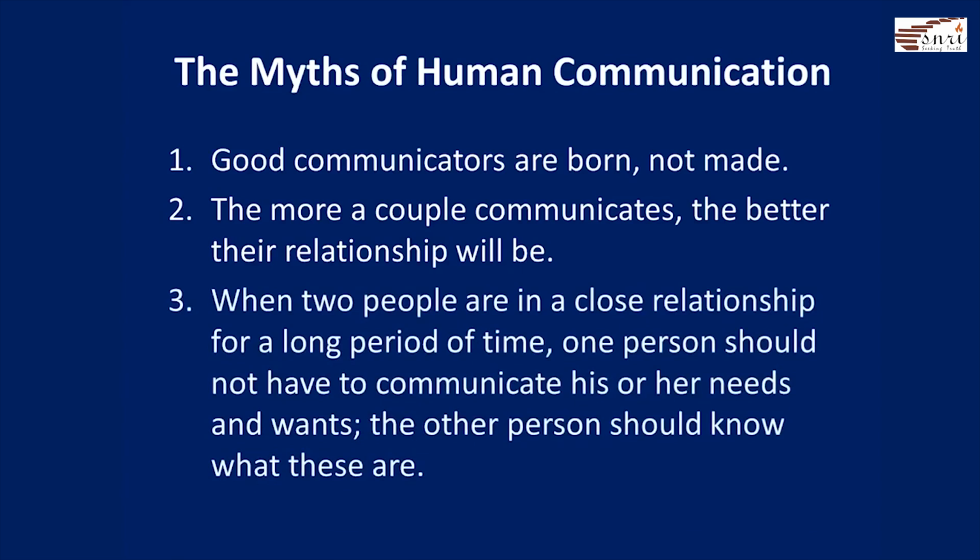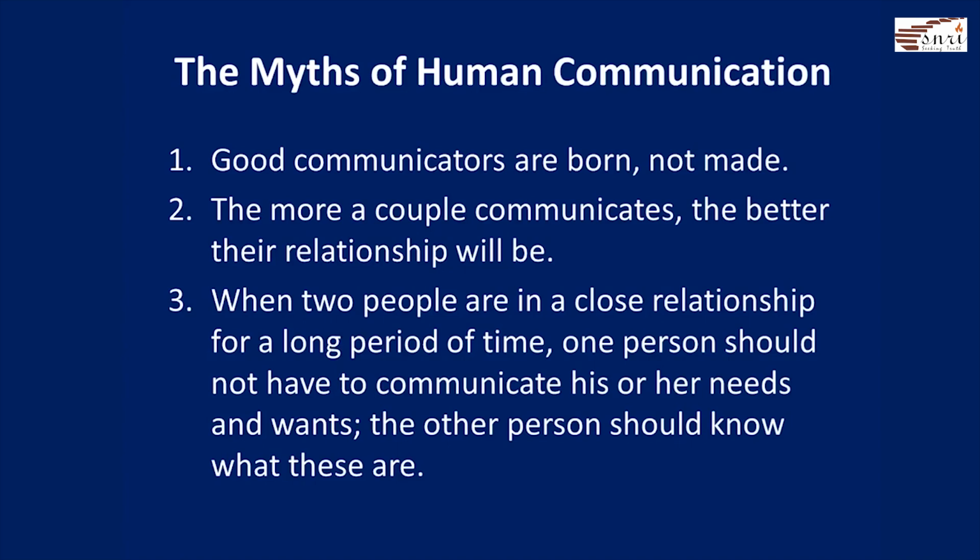The third statement says when two people are in a close relationship for a long period of time, one person should not have to communicate his or her needs and wants. The other person should know what these are. Well, we see that the whole purpose of communication is to communicate to one another.